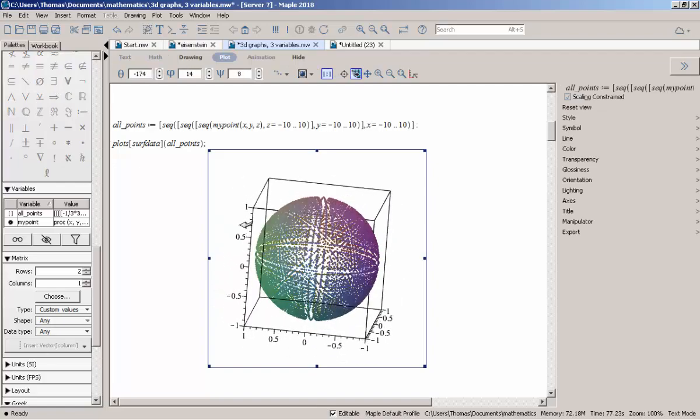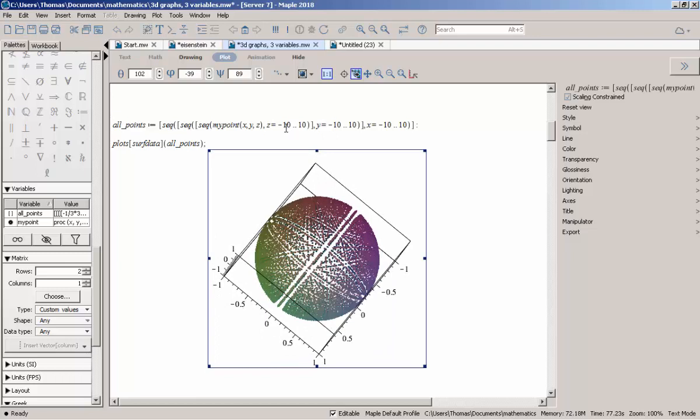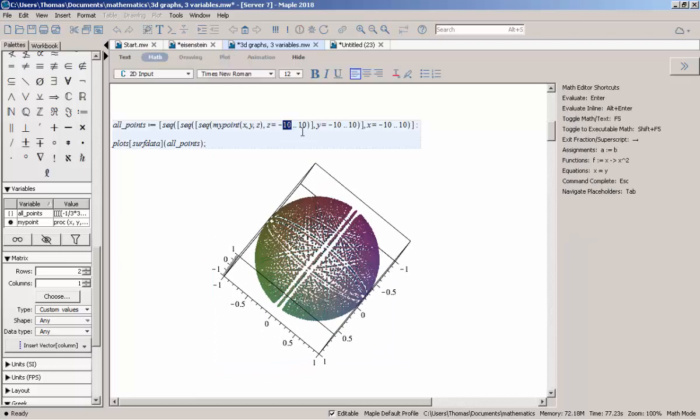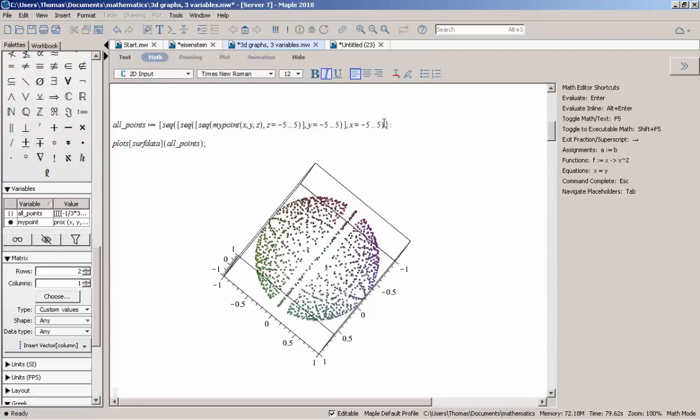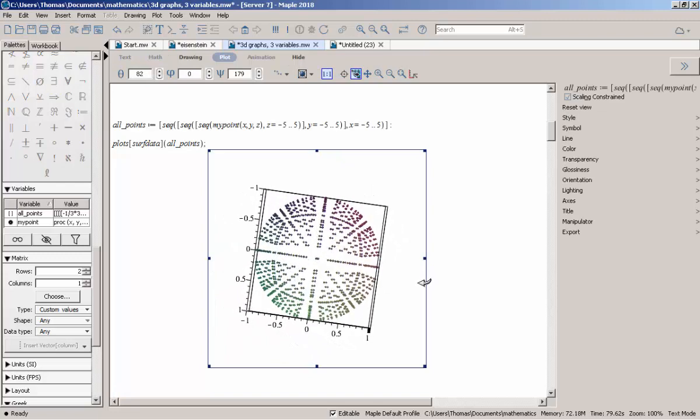Okay, you got the sphere. Those are the numbers. Let's dial it down a notch. We'll do -5 to 5. So we're actually doing 11 cubed points. We reduce the points. We can actually see what's going on here.